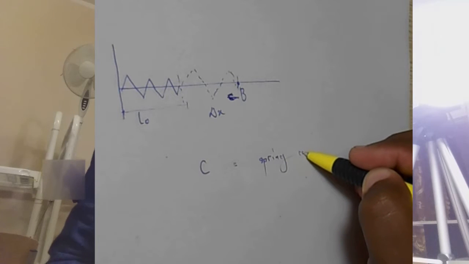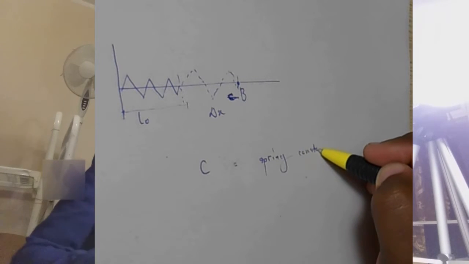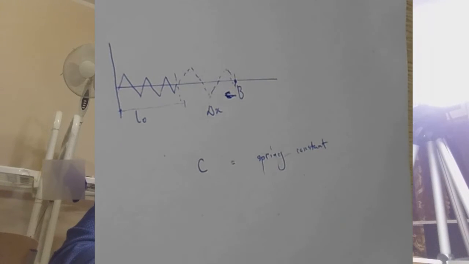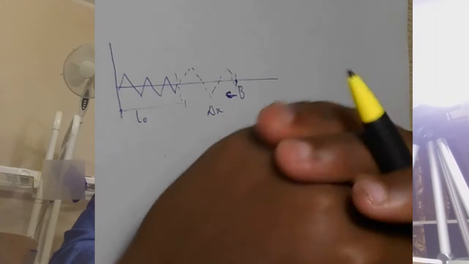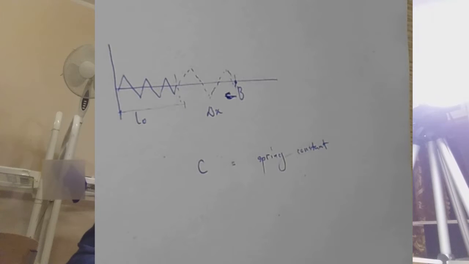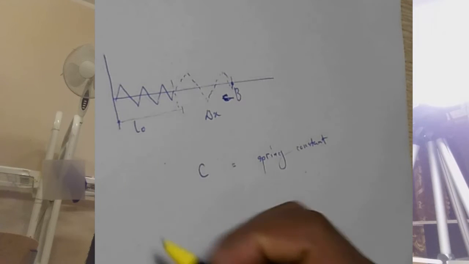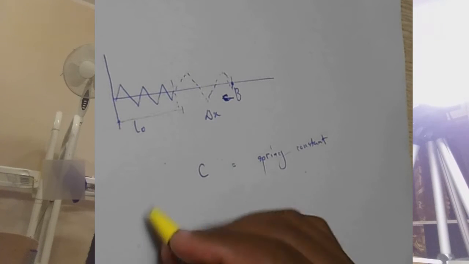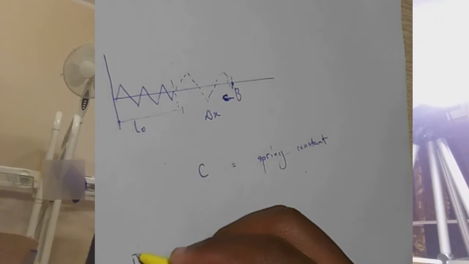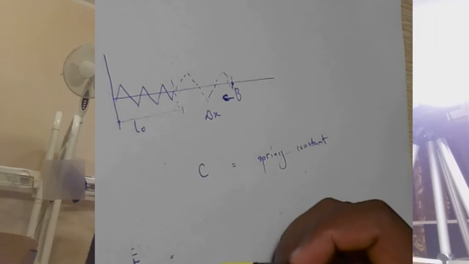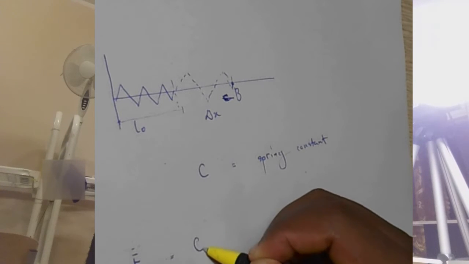So the elastic force in this case acting at the point B would be equal to the force at B, which is equal to the spring constant multiplied by delta x.